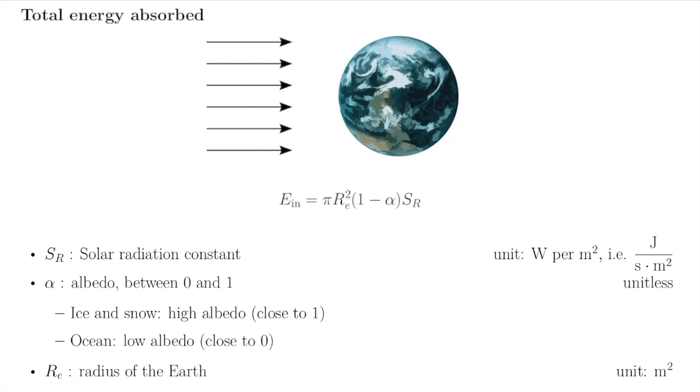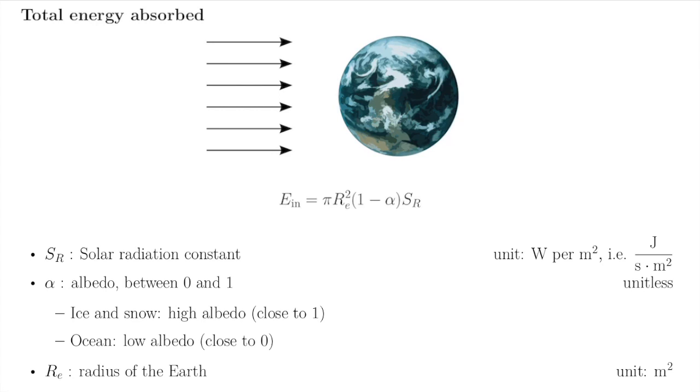Let's take a look at the energy that comes into the Earth. This is actually a multiple of the surface area of a disk whose radius is the same as the Earth. Now that's a funny statement because you think of the Earth as a sphere, not a disk. But imagine you're the sun looking at the Earth.